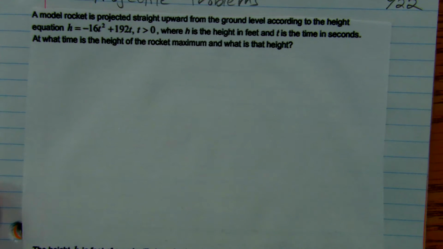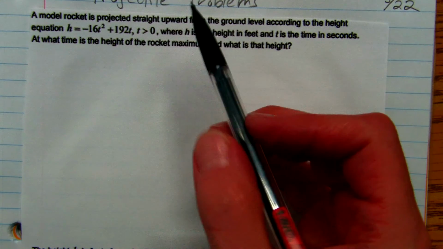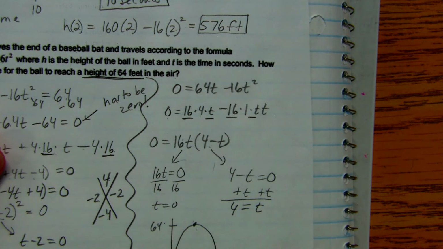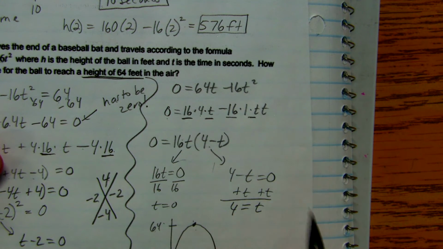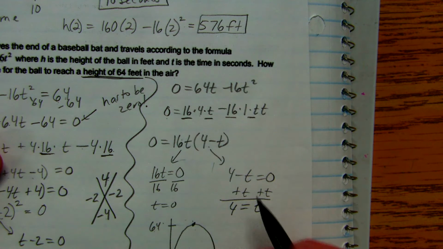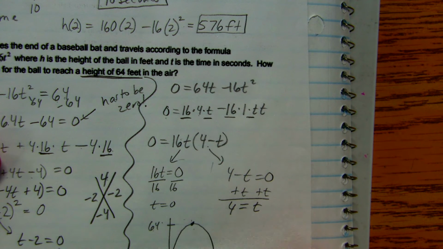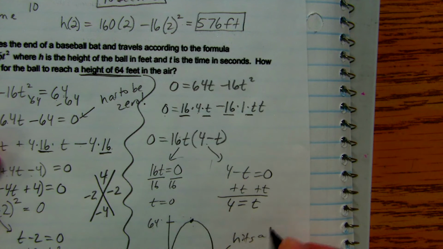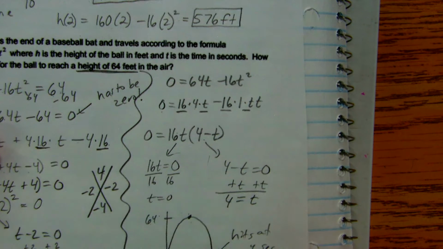All right, so on the next page, a model rocket is projected straight upward from the ground. What's the answer? Oh, so it's 64. Oh. So the maximum height is 64. So I was just showing you guys that, and then it hits the ground. So it hits at 4 seconds, if that's the question that we're being asked.